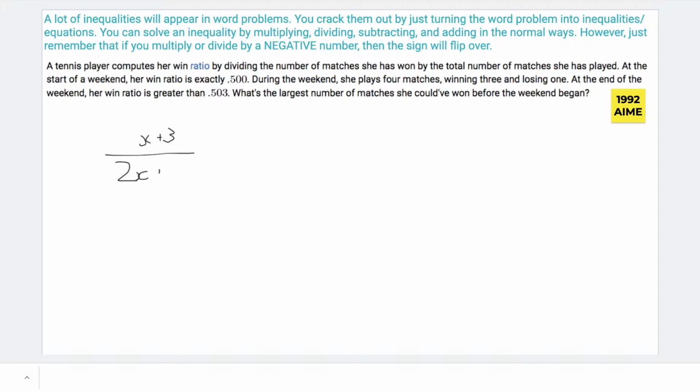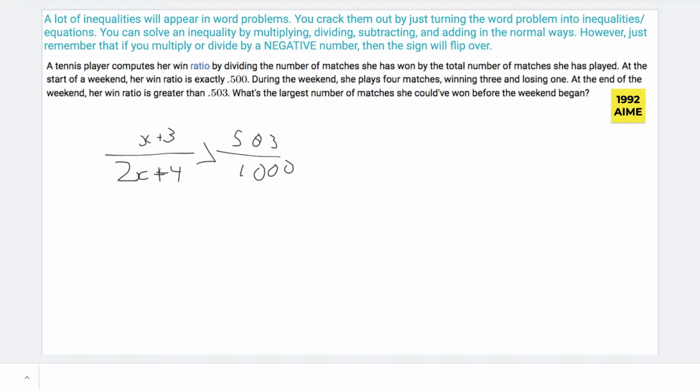And this ratio is greater than 0.503, and we'll convert this into fractional form, which is 503 over 1000. Now you can simply multiply 1000 to both sides, and then 2x plus 4, without flipping the symbol, because you're not multiplying or dividing by a negative number.